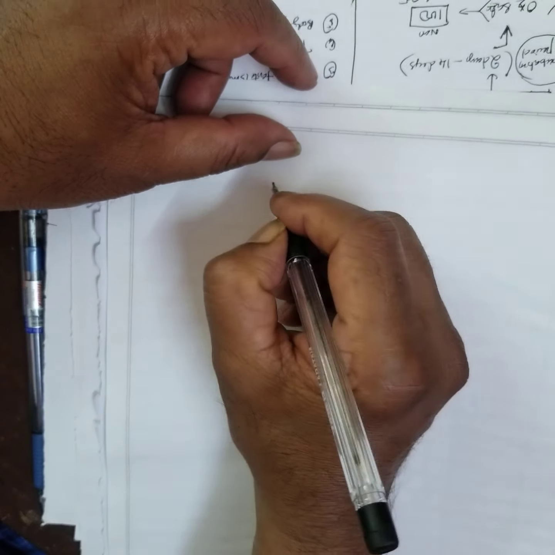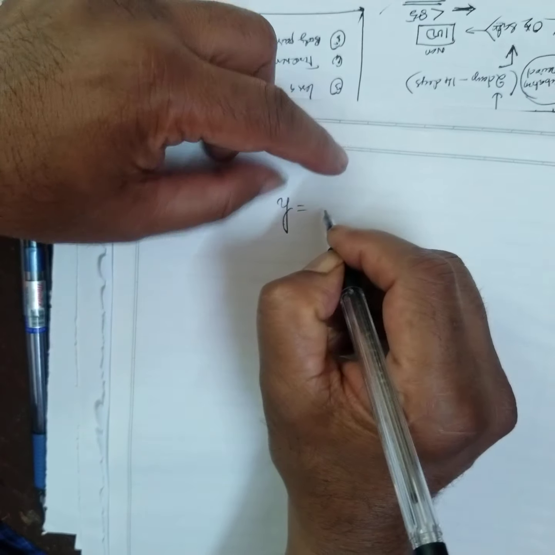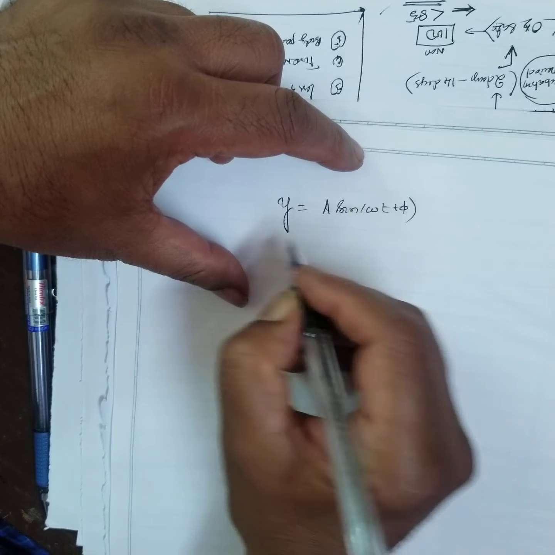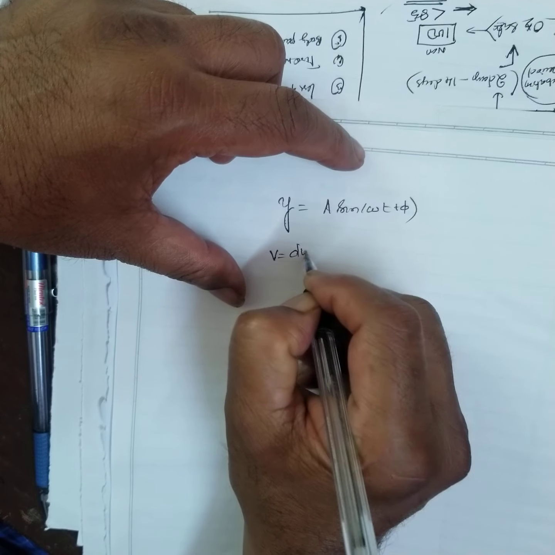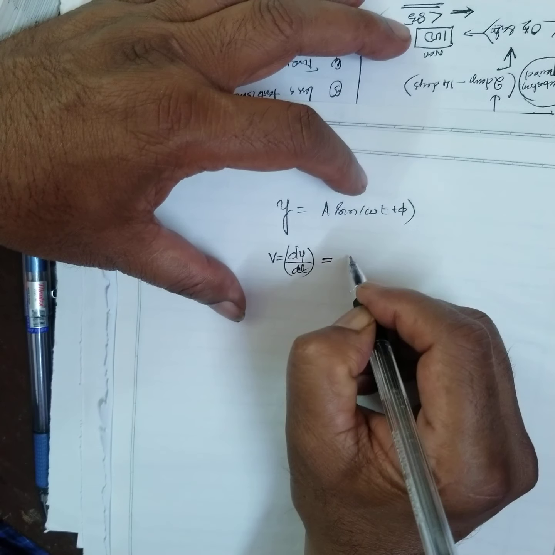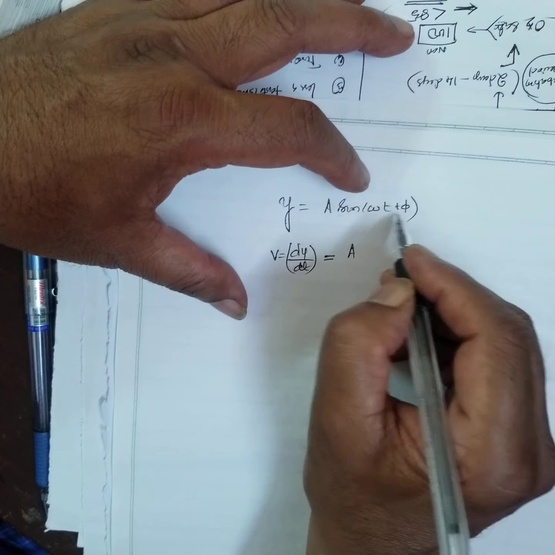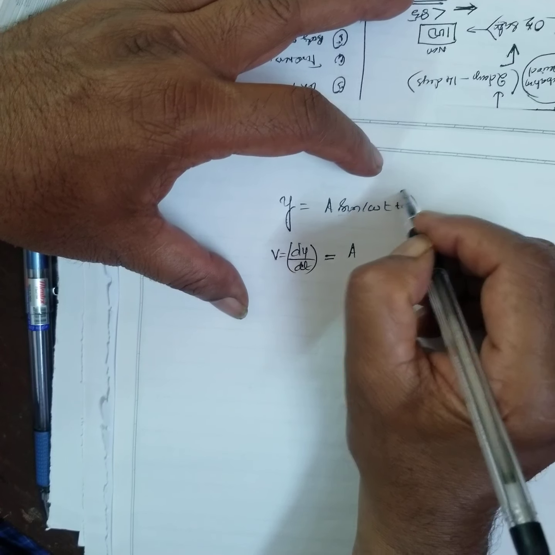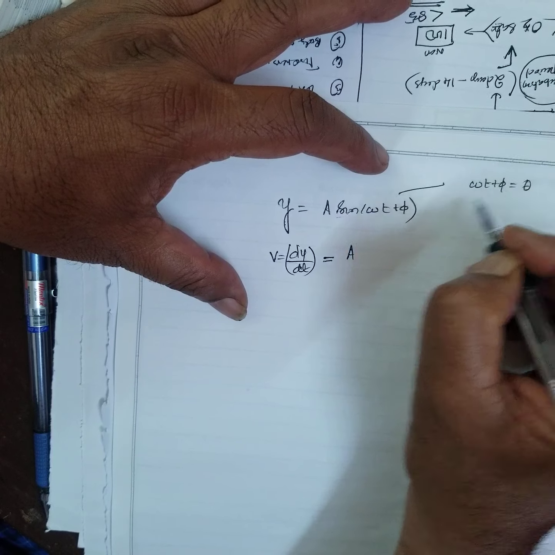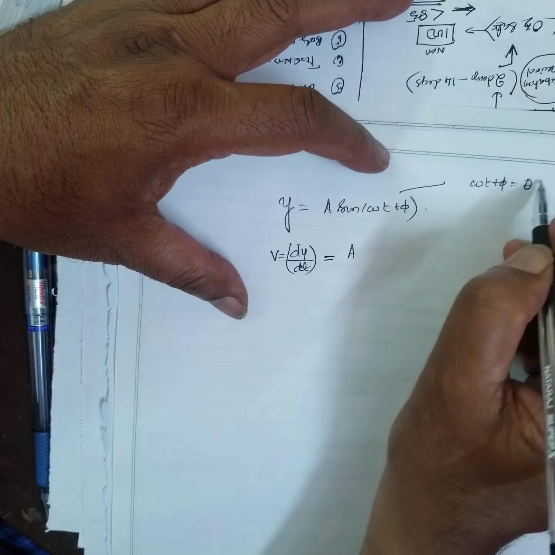Then again, what is the velocity? Suppose y is equal to a sine omega t plus phi. Velocity is what? dy over dt, is it not? Let us see, omega t plus phi is equal to theta, you put it. Just remember this one.